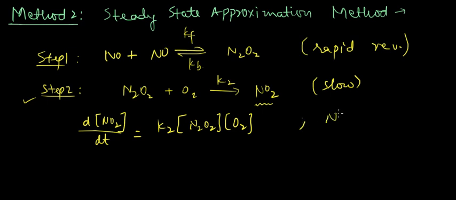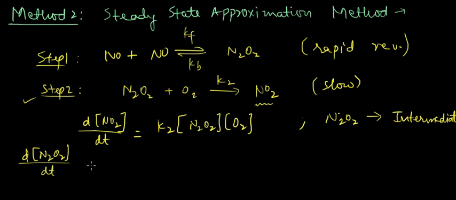And we know that N2O2 is an intermediate in this process. So we can write d of N2O2 by dt would be equals to Kf times NO whole squared. Why we are writing this?